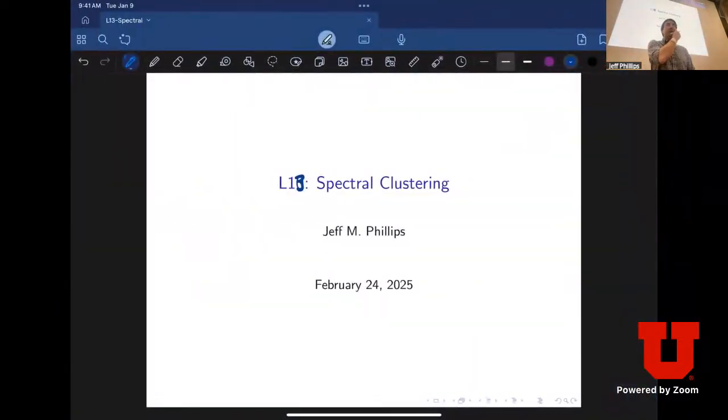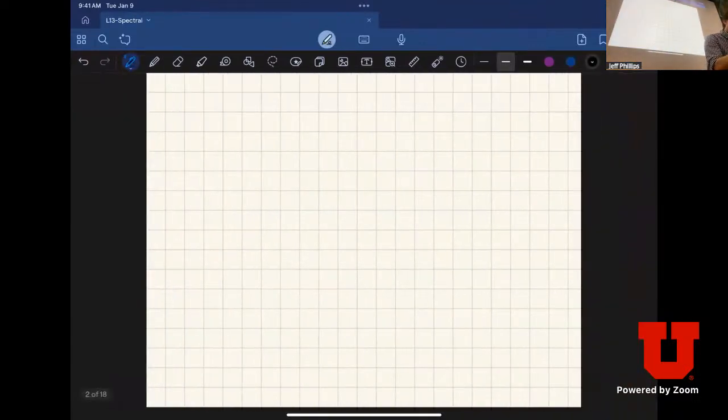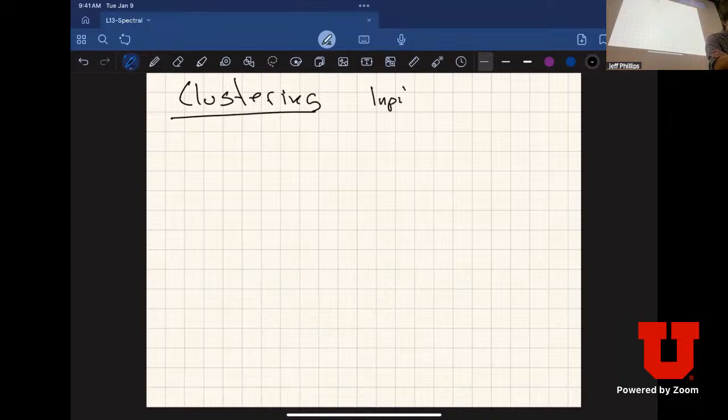All right, so let's talk about spectral clustering. So we've talked about clustering, and so far we've said the input is going to be a data set X1, X2, ... and some distance.